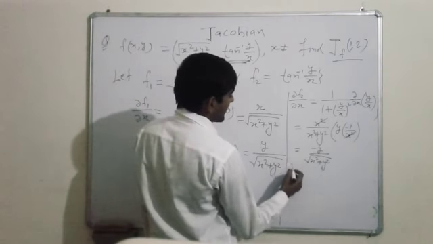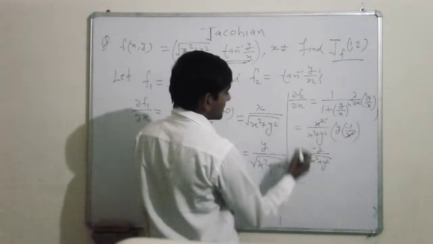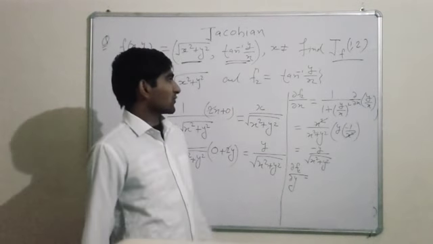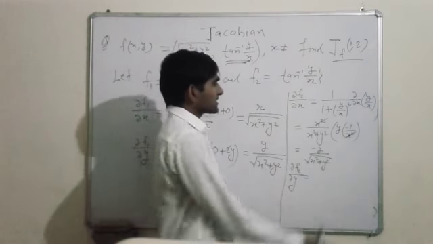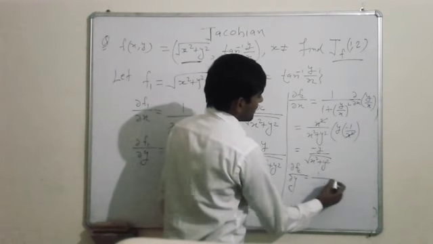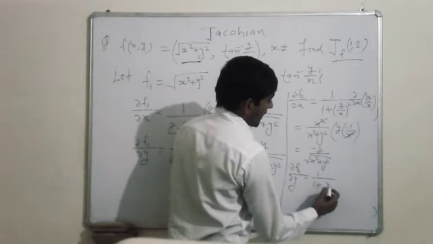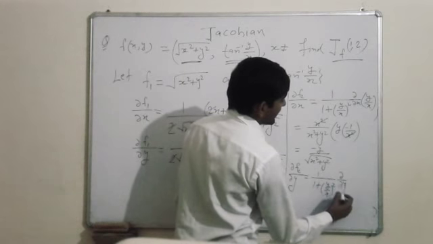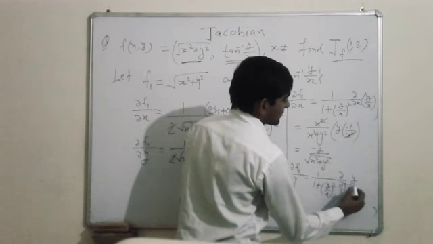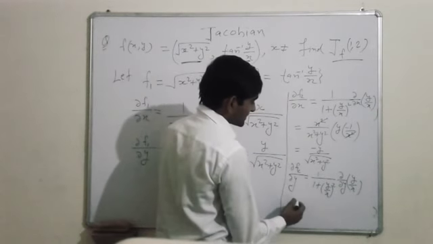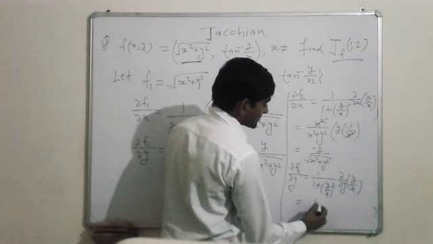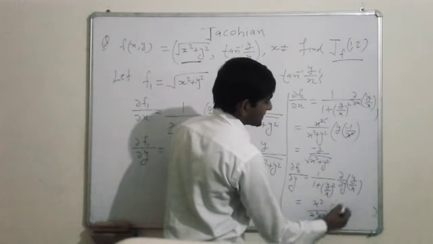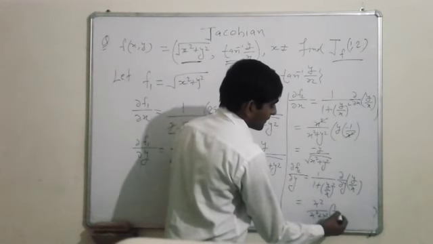And ∂f2/∂y. Now the partial derivative of the f2 function with respect to y will be the same as this here: 1 over 1 + (y/x)², and ∂/∂y of y/x. This part is x² over x² + y², and the derivative of y is 1, so we write only 1/x.